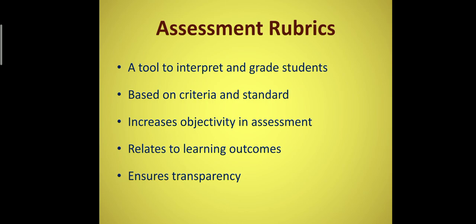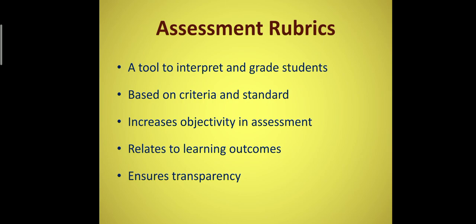And because it is open, a guideline available to the teachers, a document, it ensures transparency, meaning there is no favoritism. It is not that I like the answer, so I have given more marks, or I do not like the answer, so I have given less mark. One cannot do like that.